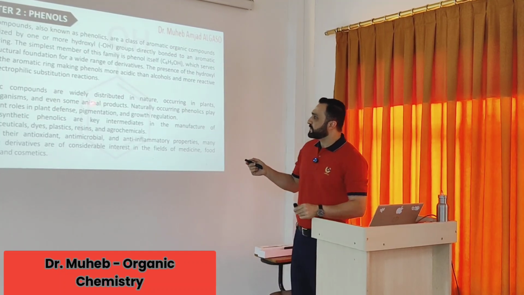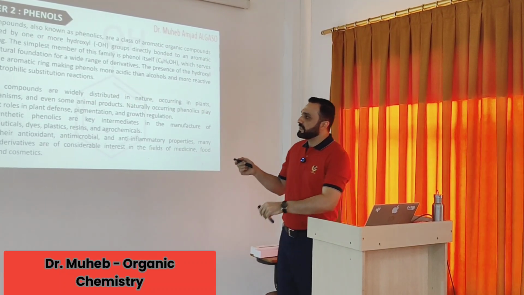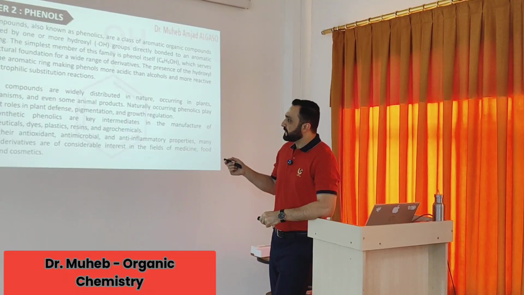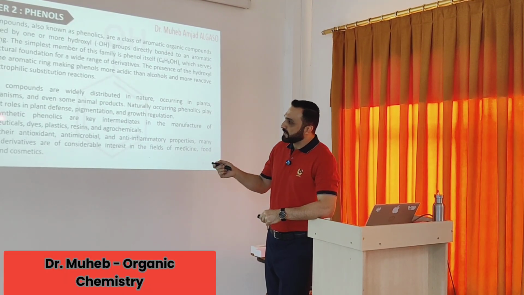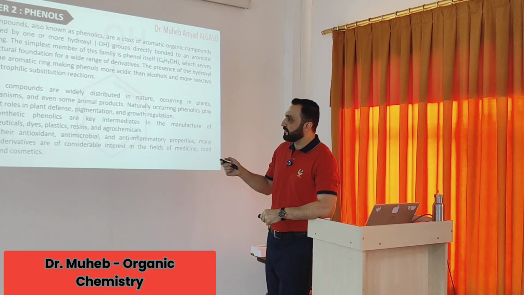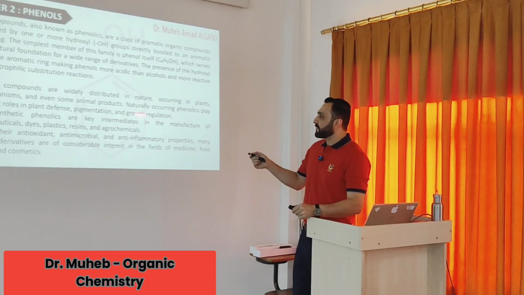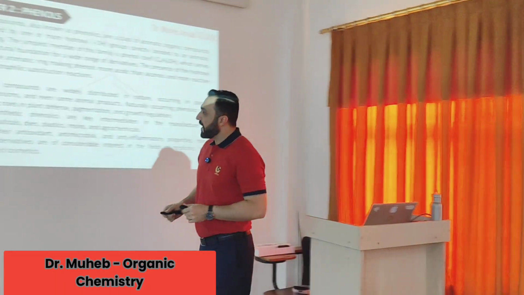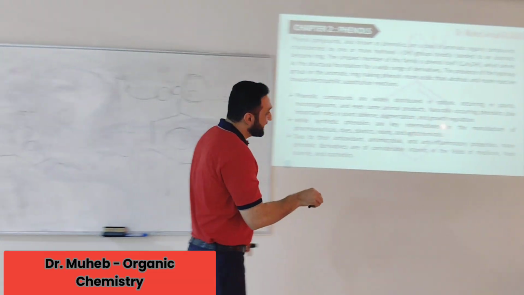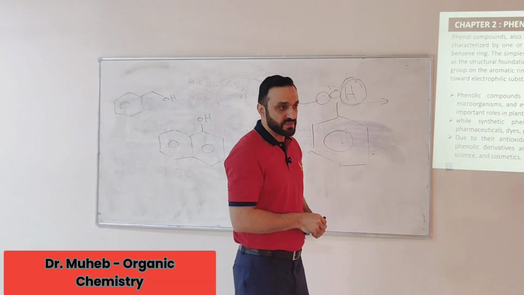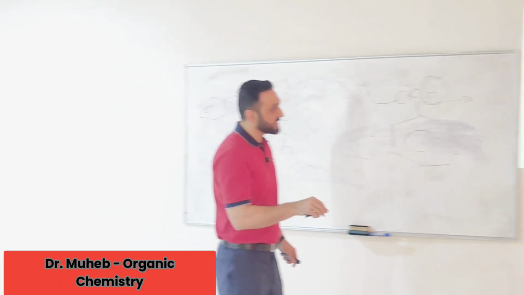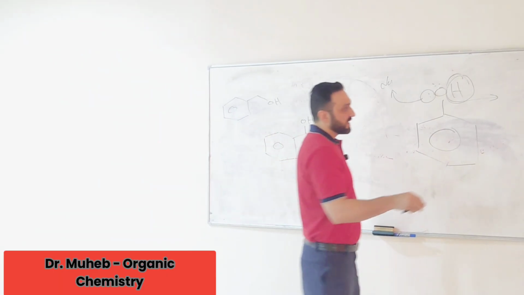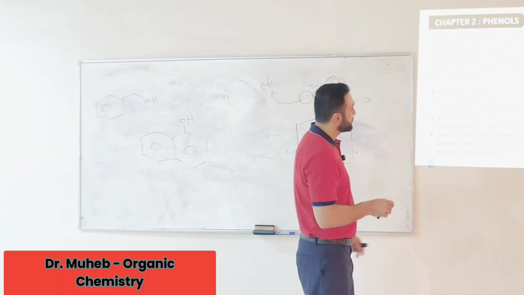This is general information about phenol. Phenol compounds are widely distributed in nature, in plants, microorganisms, and even some animal products. Naturally occurring phenols play important roles in plant defense, pigment accumulation, and growth regulation. While synthetic phenols are key intermediates in the manufacture of pharmaceuticals, dyes, plastics, resins, and agricultural products.